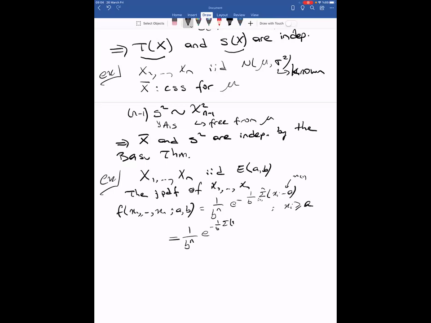So summation of xi minus x1 here, and we have e to the minus n over b, times x1 minus a.